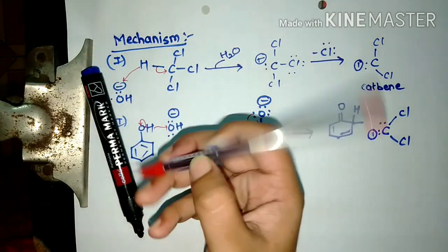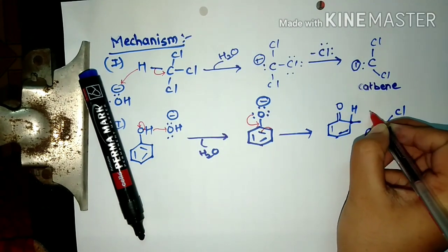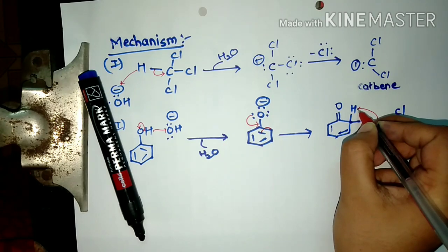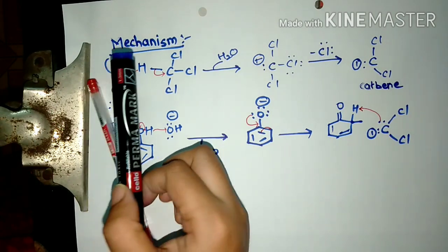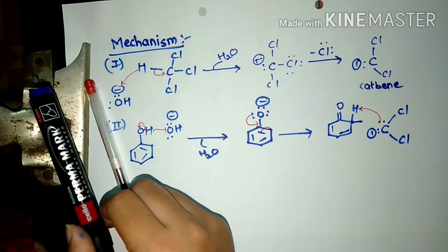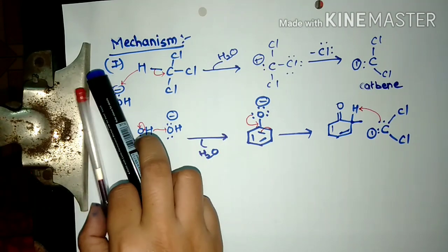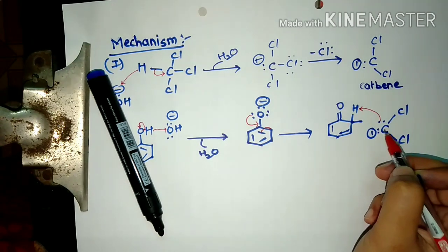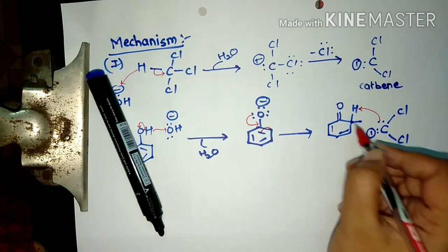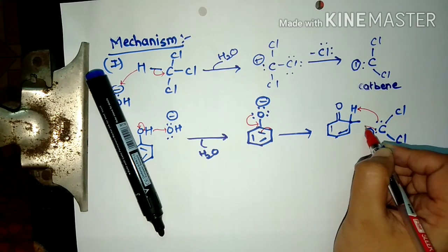Now what will happen? This hydrogen is taken out by this carbon. And what will happen? The electron which is there over here, it will form a bond with this benzene ring.